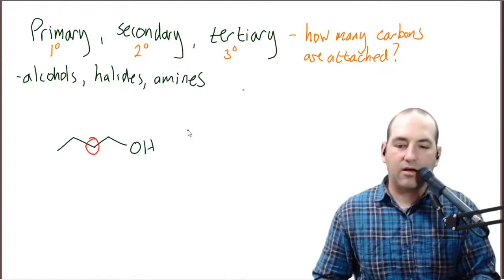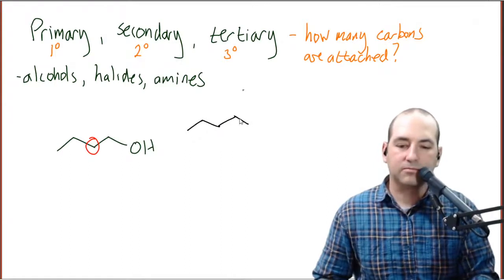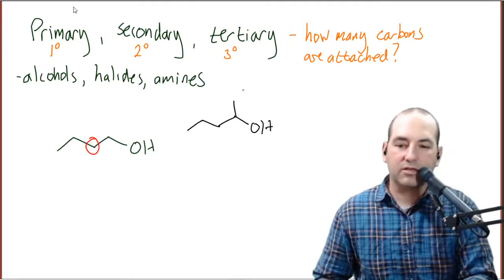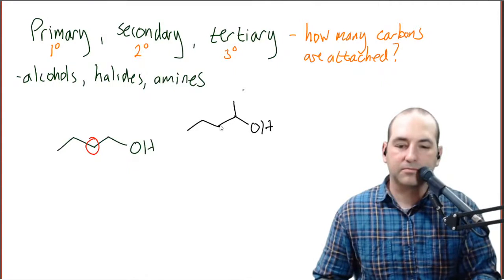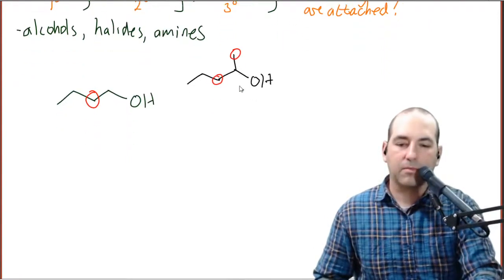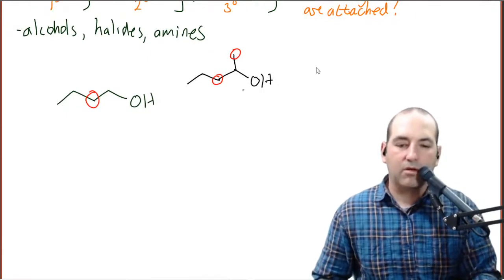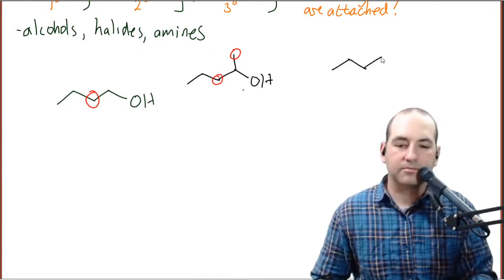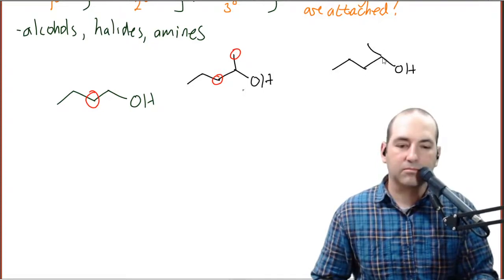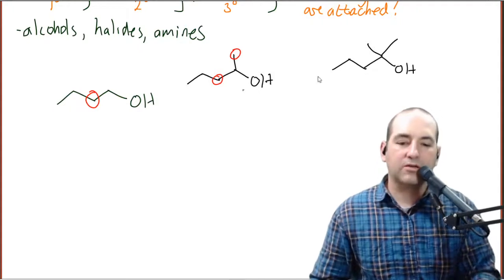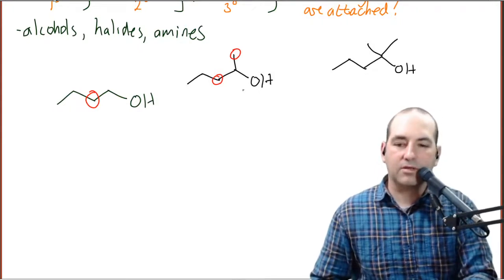This alcohol is connected to a carbon that has 2 other carbons connected to it. And then this one is connected to a carbon that has 3 other carbons connected to it.